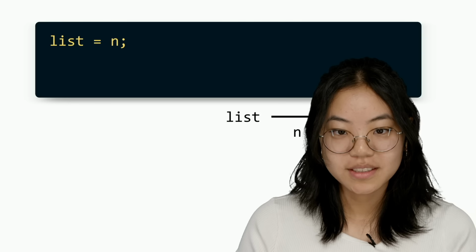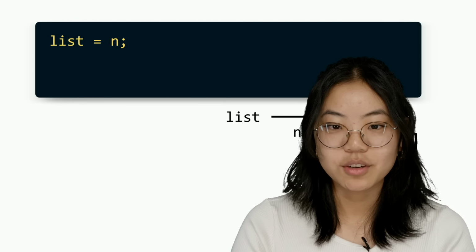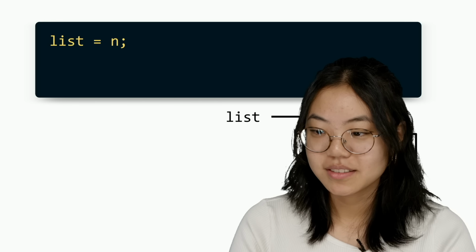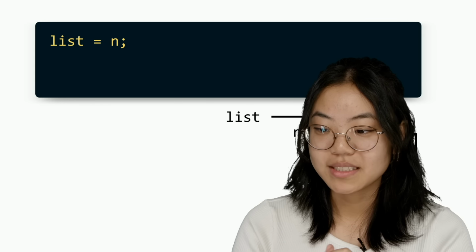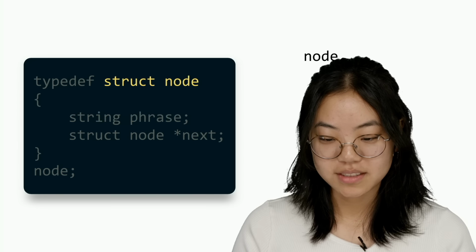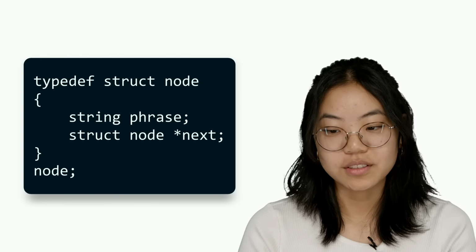Okay, so I'll pause here if we have any questions about creating a linked list, what a node is, etc. Someone asked, what is a node? So we defined a node here with this notation. It's a struct that we've called node.